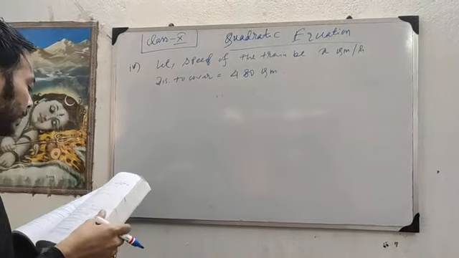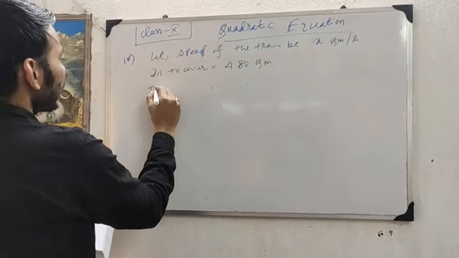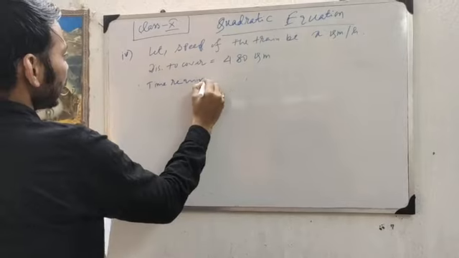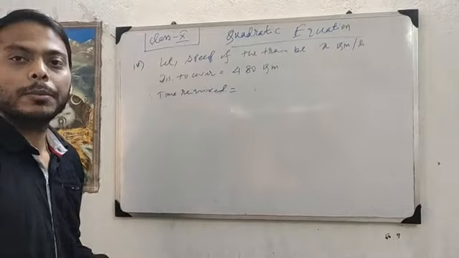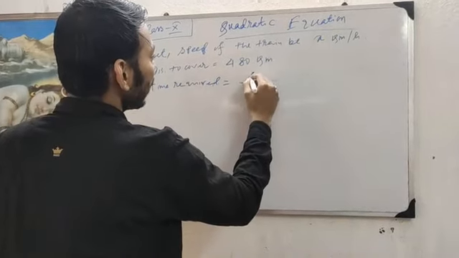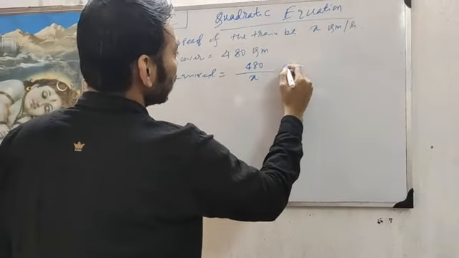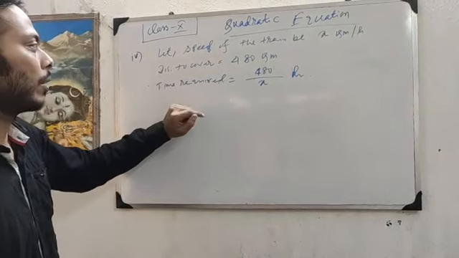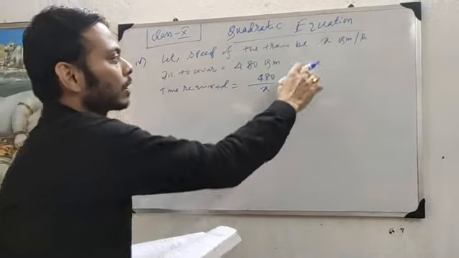Now the total distance to cover is 480 km. So what is the time to cover the distance? What is the formula of time? Time is distance by speed, that is 480 by x hours. Now this is the time required to travel the distance of 480 km at the speed x km per hour.